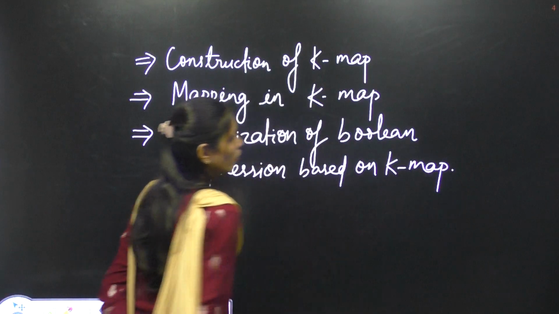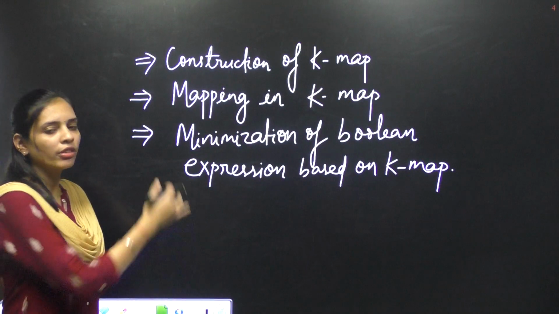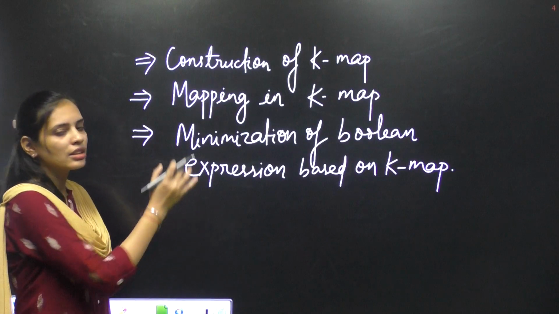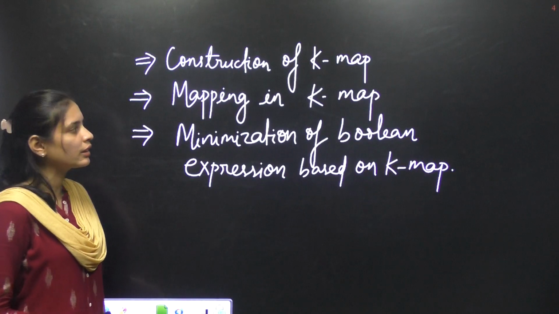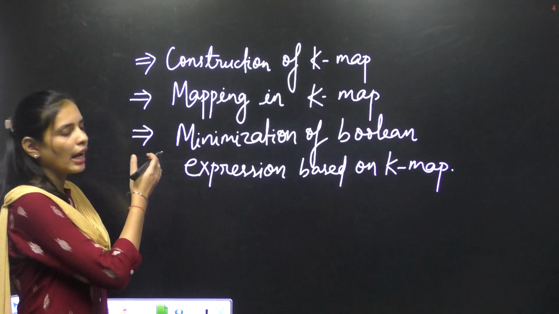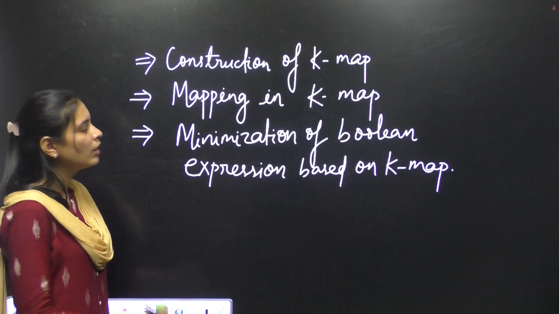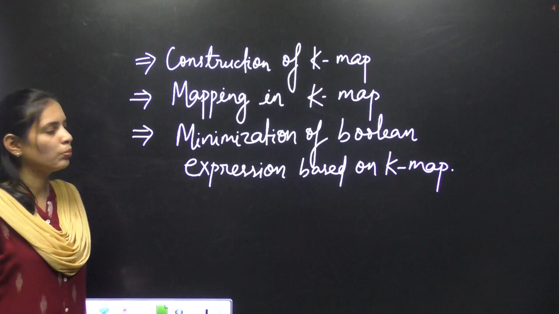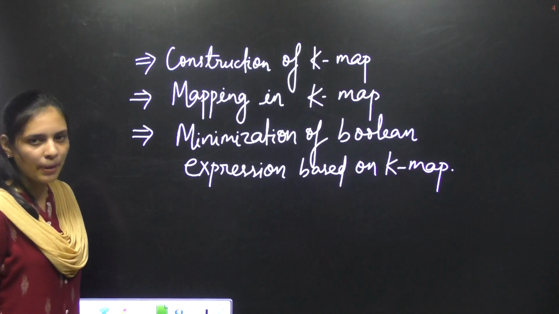So in the K-map we have three steps. First, we will discuss how the K-map is constructed. After that we will be pairing the groups of ones and mapping will be done in the K-map. Lastly, we will be minimizing the Boolean expression by using K-map.